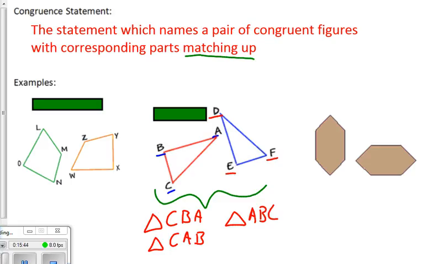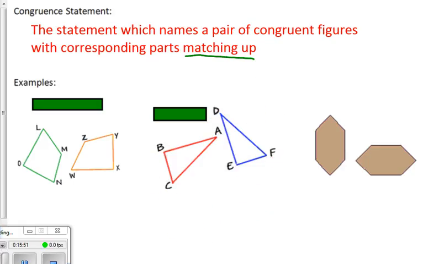But if I'm going to say that it is congruent to this triangle, I need to match those pieces up. And here's how that works then. Okay, if I'm going to match those two triangles, I need to make sure that I call the first one a certain thing. So calling this one A, then B, then C. If I'm going to match it up perfectly, or according to our congruency statement, notice how B is the one that has its right angle there, the one that looks like it would be a right angle.